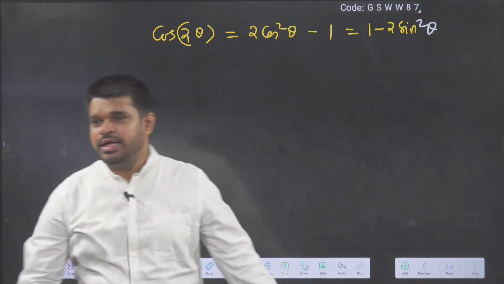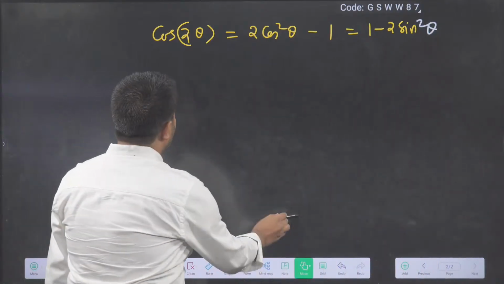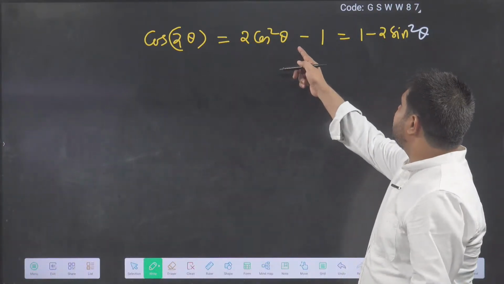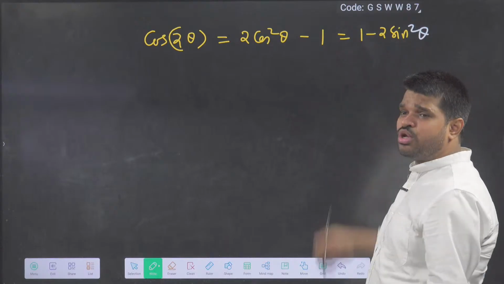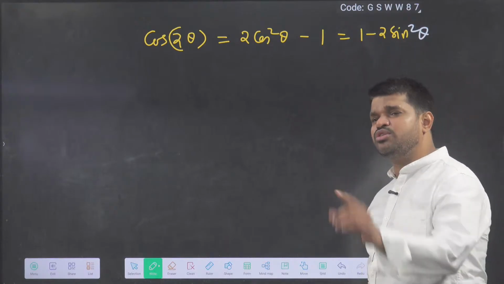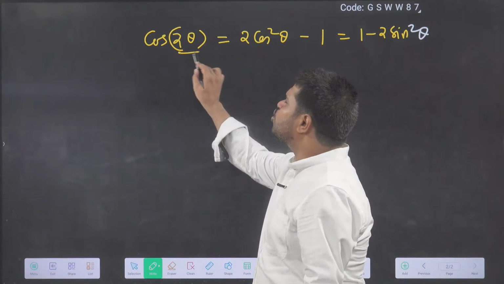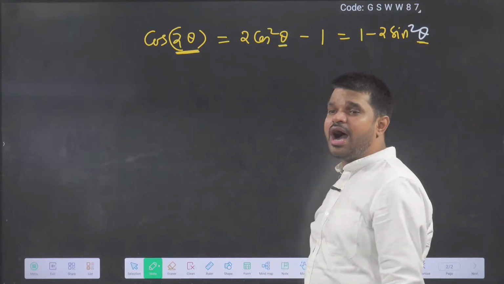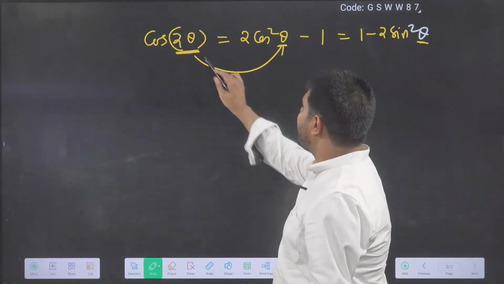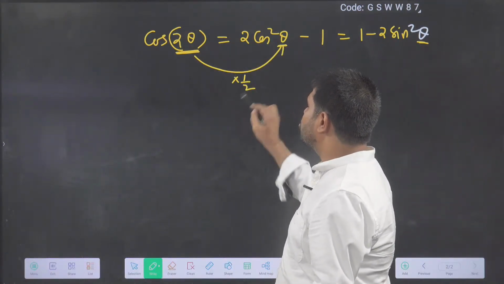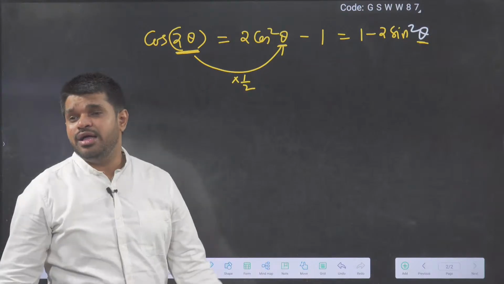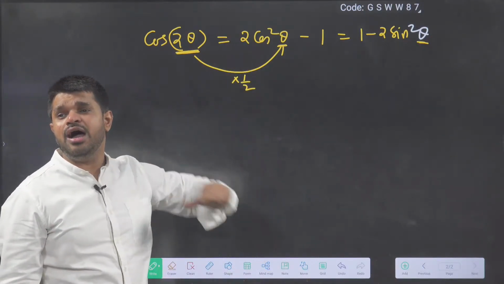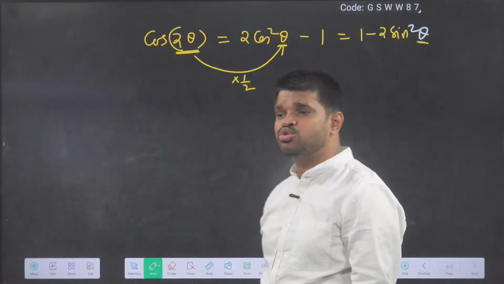Yesterday I told you this formula. When I took 2 theta here, the angle becomes half here. If I divide 2 theta by 2, I will get theta.